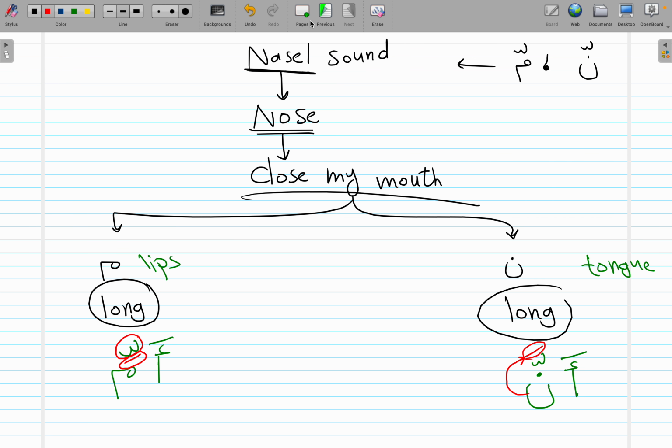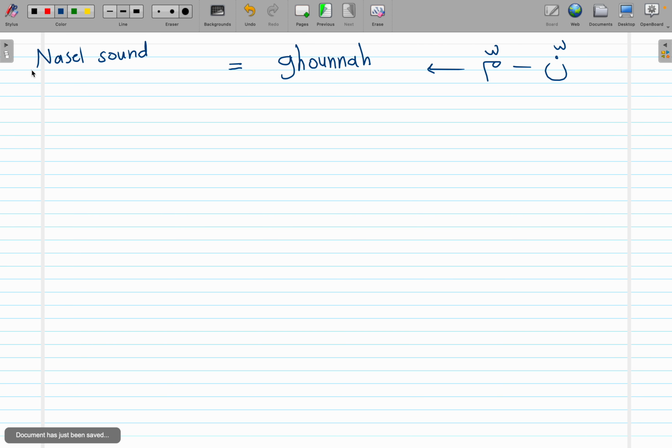Got it? So let's summarize that. We said if you find noon with the shadda or meem with the shadda, you should do the ghunna. Ustada, no, you said I should do a nasal sound. Surprise, ghunna is the nasal sound. This is the sound that comes from the nose, and you should push all the air to your nose.